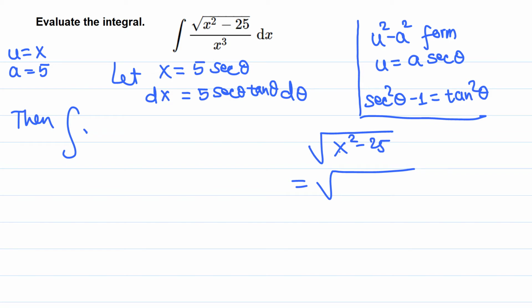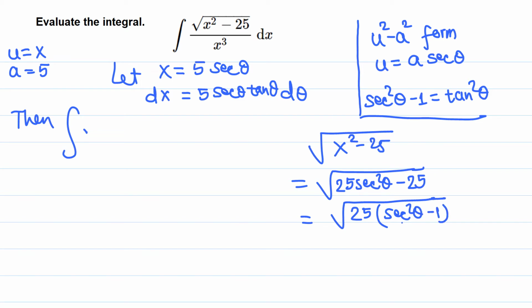So 5 secant theta, quantity squared. 5 squared means 25 secant squared theta, and we have minus 25. Inside the radical sign, we can factor out 25. That leaves secant squared theta minus 1. Now, secant squared theta minus 1 is tangent squared theta.